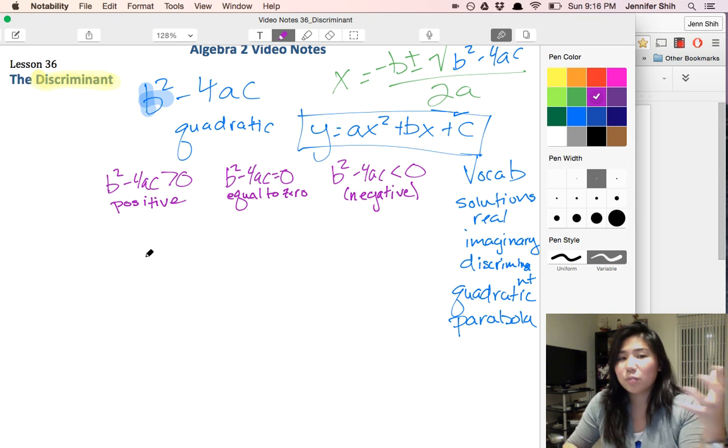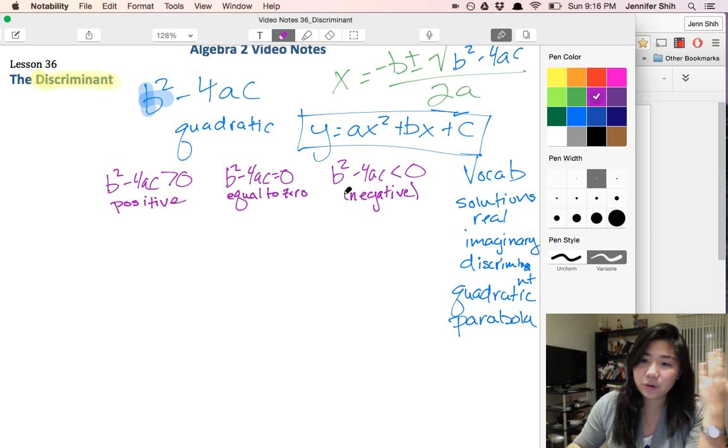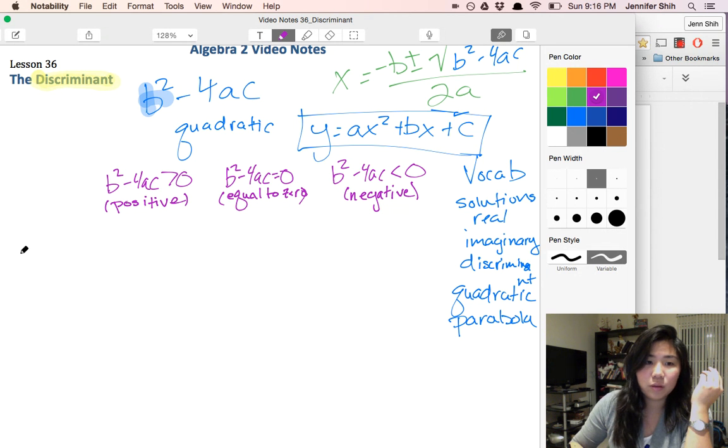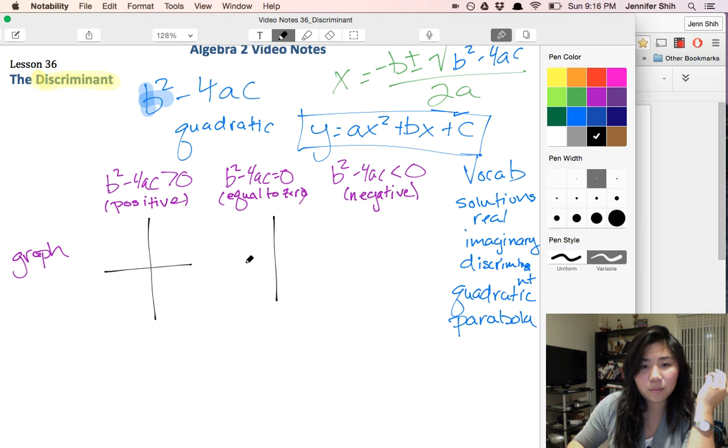Now, what does it mean when the discriminant is positive, equal to 0, and negative? When the discriminant is positive, let's take a look at the graph. If the discriminant is positive, you would have two real solutions, and they would be on the x-axis.